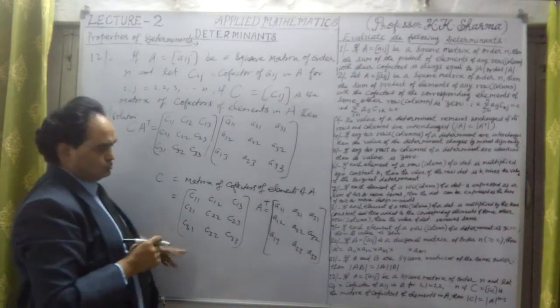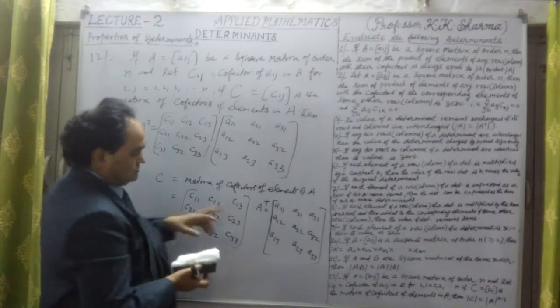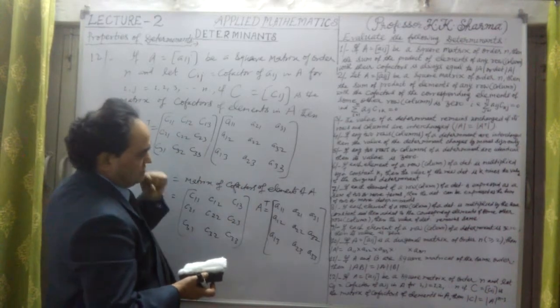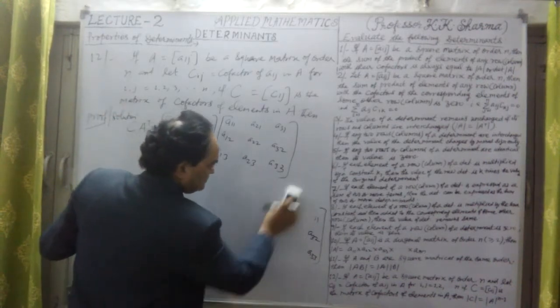Now these two matrices are multiplied. Let me multiply these two.